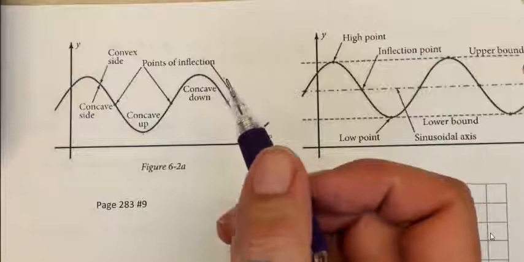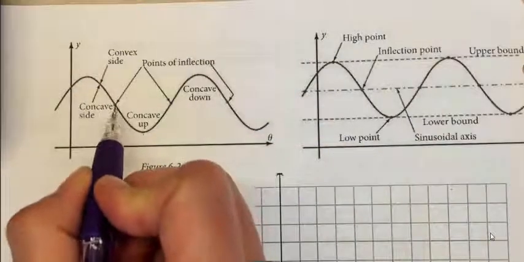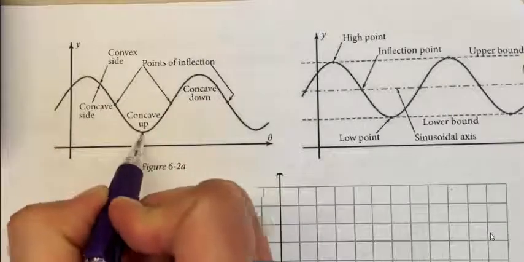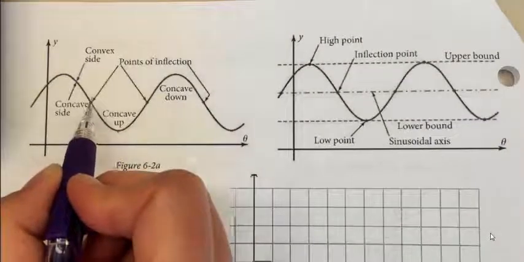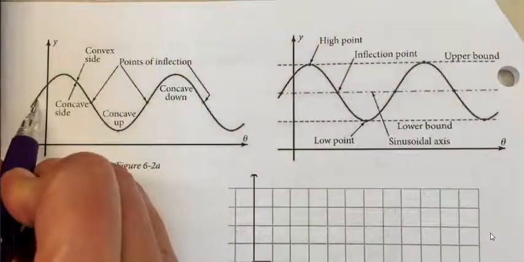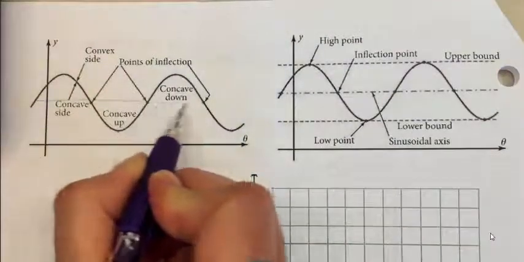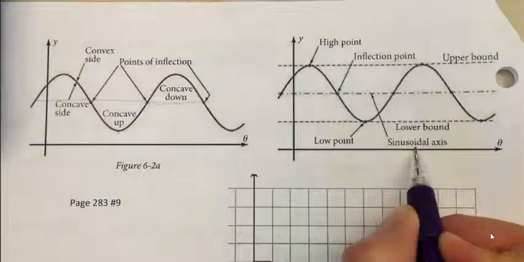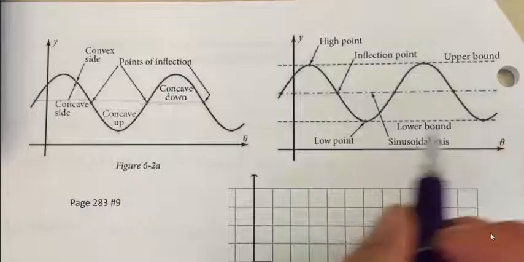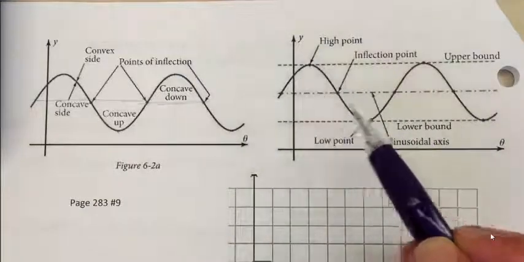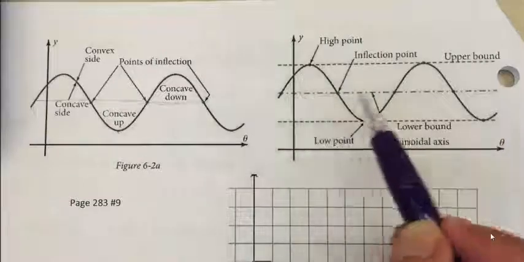What you're going to notice about these points of inflection is that they're halfway between the max and the min. So if they're halfway between the max and the min, they must be on that midline, right? So you can think of those points of inflection on that midline, or it's drawn right here, drawn on that sinusoidal axis, okay? And the midline is constant where it's hitting this. It's hitting it right in the middle.